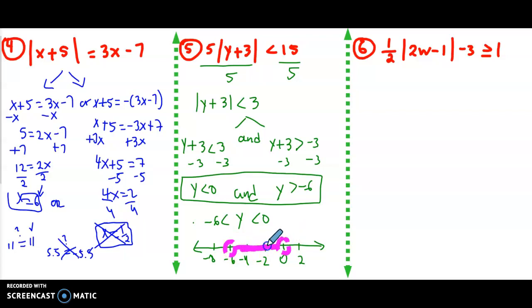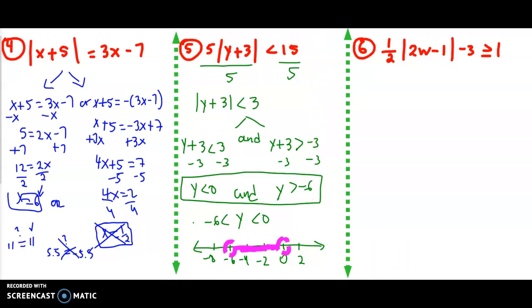So you can have anything from -6 to 0, but you can't include the boundaries. And that's how you show it. So everything that is shaded is a solution. So here in inequalities, a number line or a graph makes a lot of sense and it's of interest because it includes all the solutions we can have.